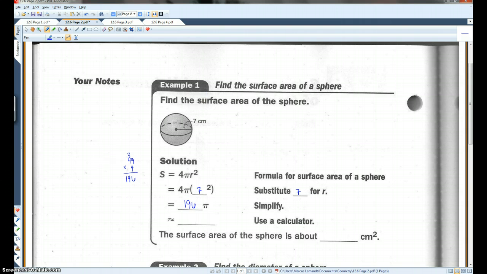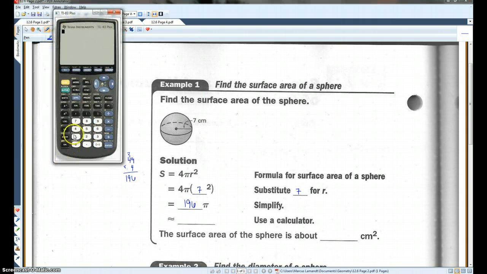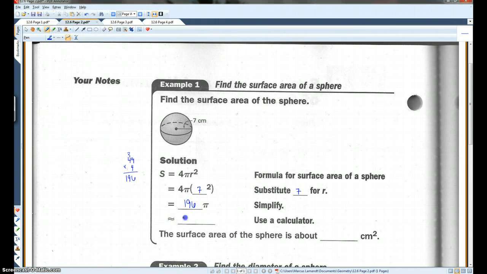Let me pull out my calculator. 196 pi is 615.75, and this is centimeters squared. So the surface area of the sphere is about 615.75 centimeters squared.